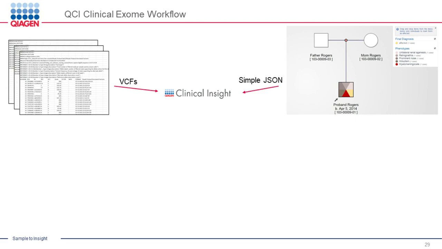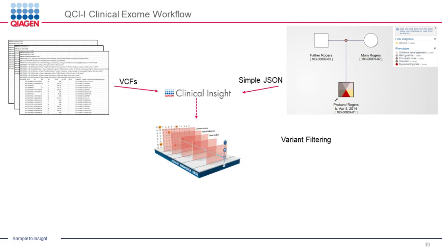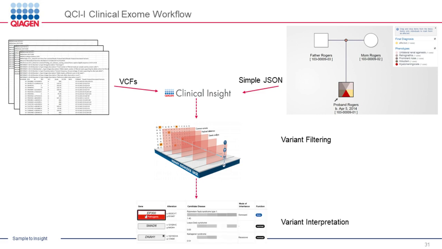So by bringing the clinical data as well as the variant data into QCI, we can then use information in the knowledge base to filter that down, including allele frequencies, predicted deleteriousness, is the variant in the proband or not, to distill that down to a more reasonable list, and finally arrive at our variant interpretation.